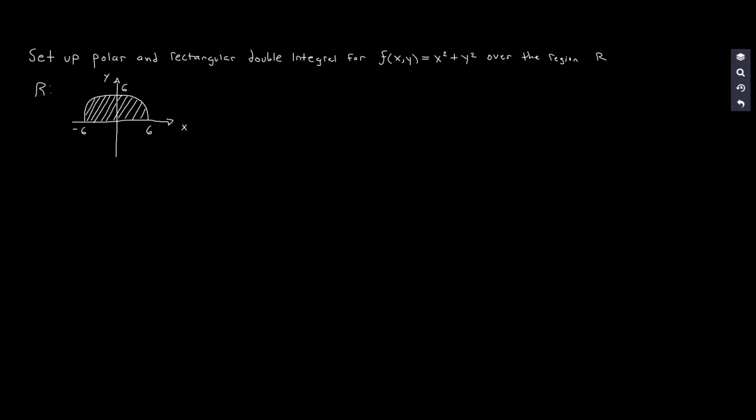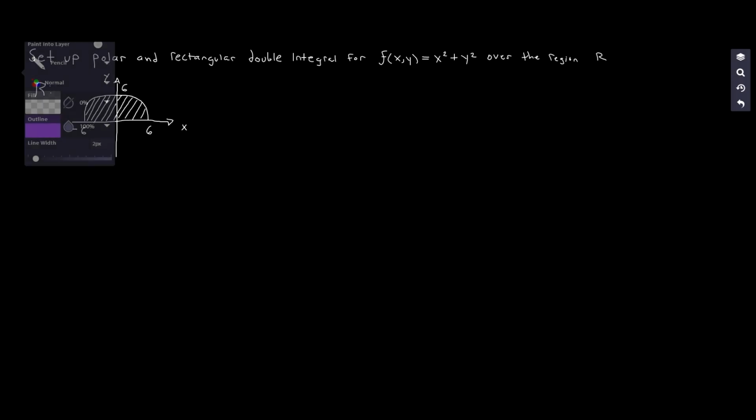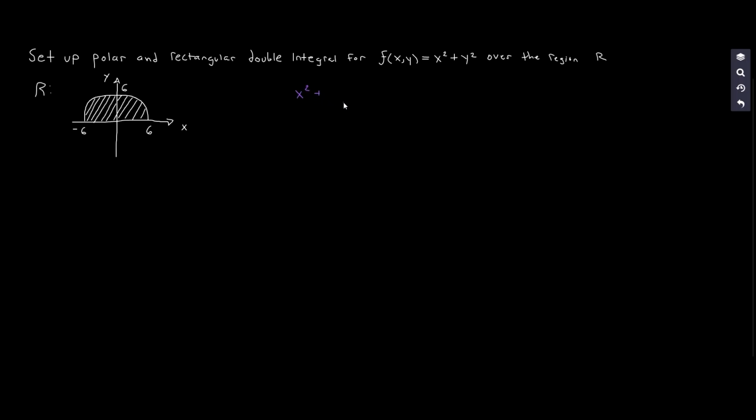This problem says to set up polar and rectangular double integrals for f of x and y equaling x squared plus y squared over the region R, and this is the region R. Across here, this is a circle with radius 6.